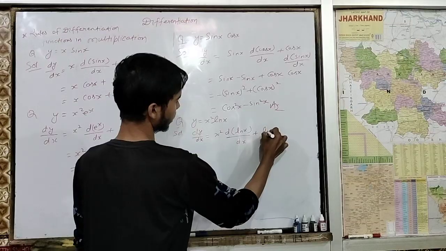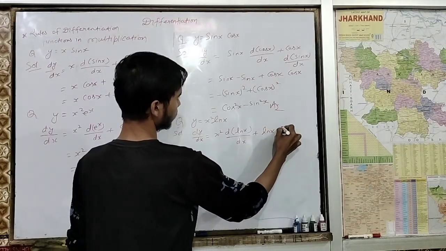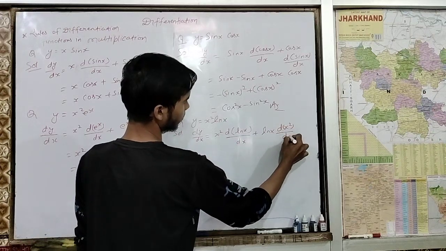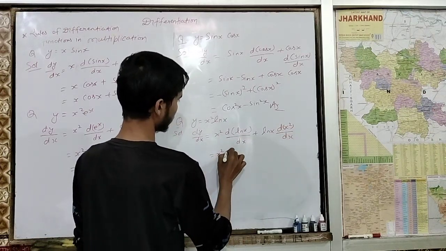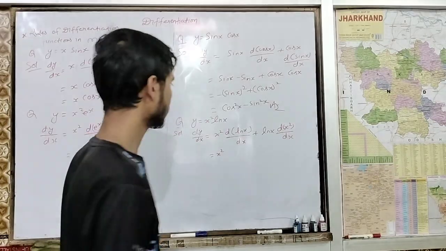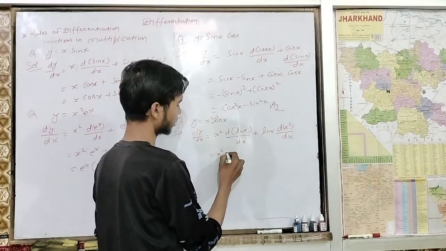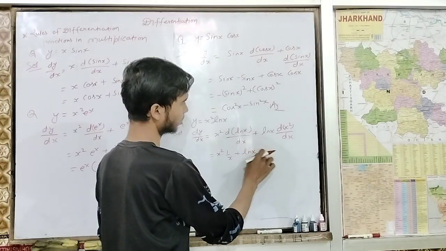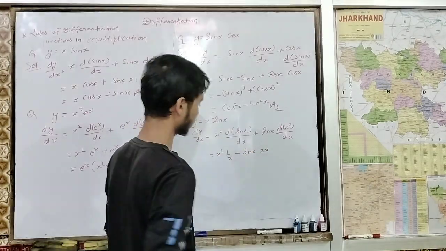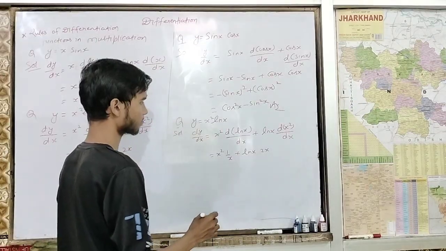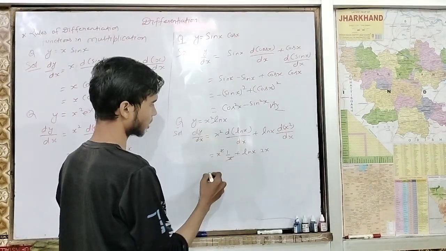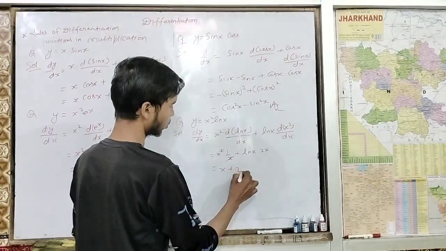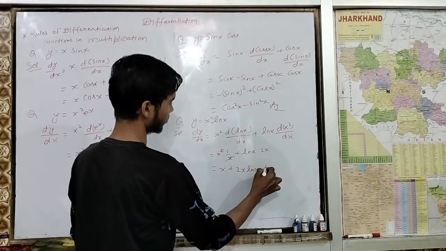Then this will be as it is, ln x will be as it is, into d of x squared upon dx. x squared as it is, the differentiation of ln x is just 1 upon x, plus ln x into this will give you 2x. This one will cut. We have x plus 2x ln x. This is final.